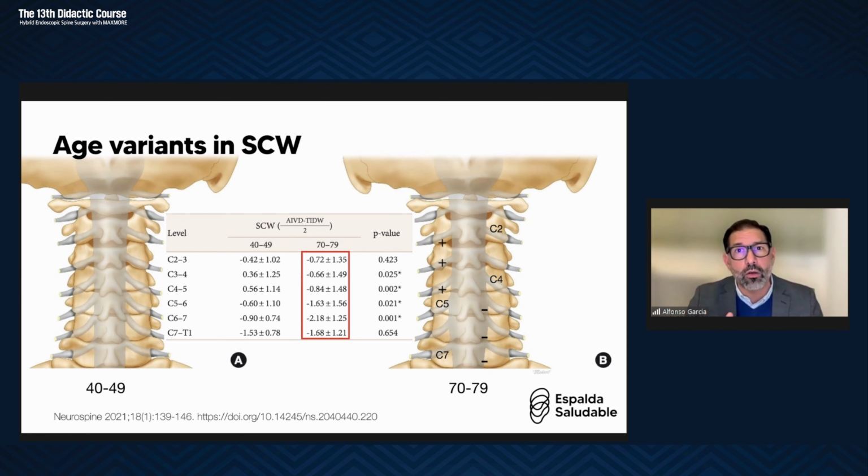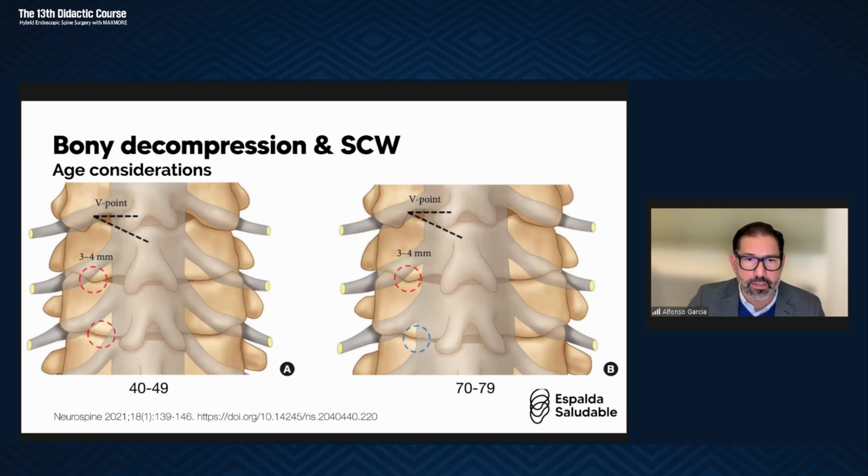So you can go a little bit lateral to the V point, and you'll end up addressing the lateral part of the dural sac. In the older patient, you will have to drill a little bit lateral to the V point because of the widening of the dural sac. So this is depicted here in this comparative picture.